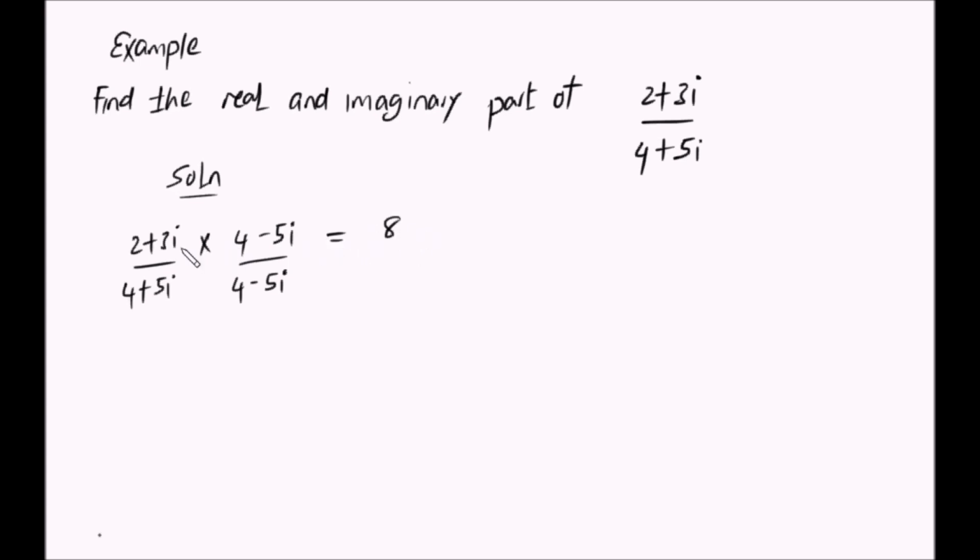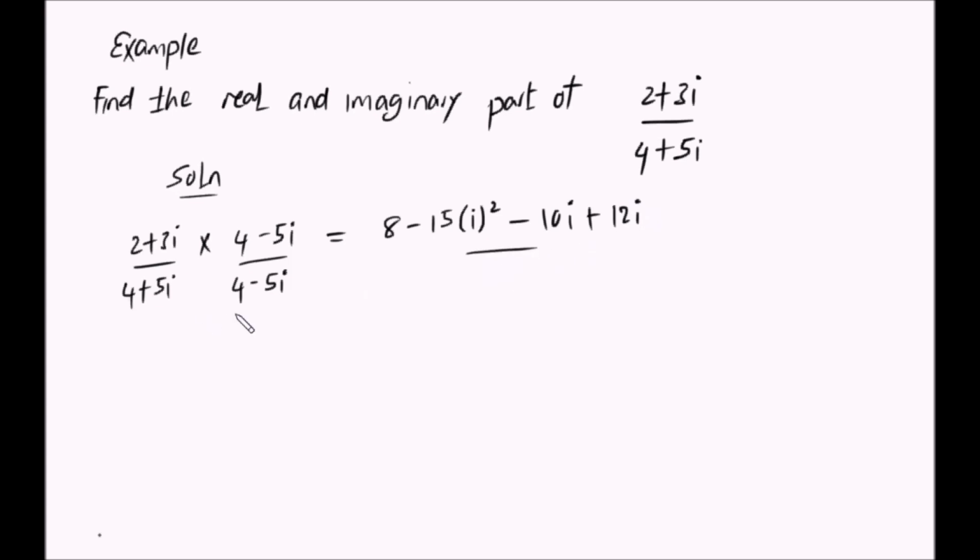And then 3i times negative 5i gives negative 15i squared. But also we have 2 times negative 5i, that is negative 10i, and 3i times 4, that is 12i.